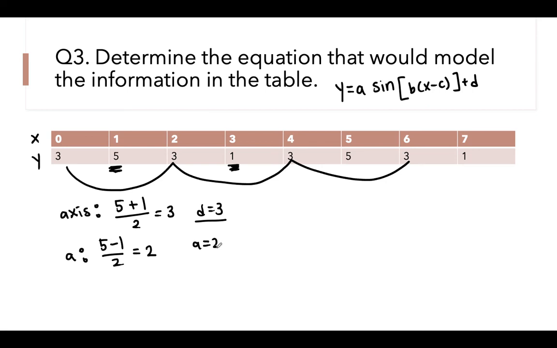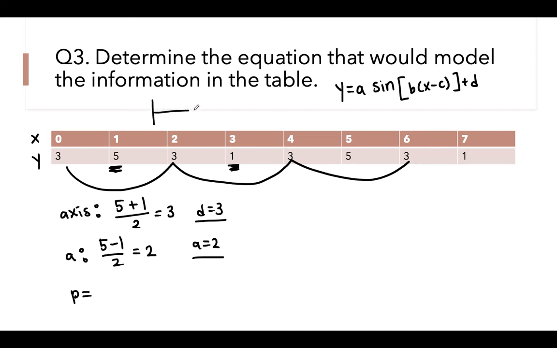So a is equal to 2. Now, to find the period, it looks like my whole cycle goes high, and then it comes back low, passes the minimum at 4. So this is 1 cycle, right?